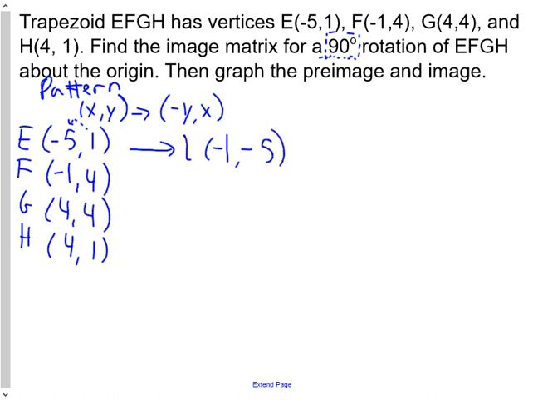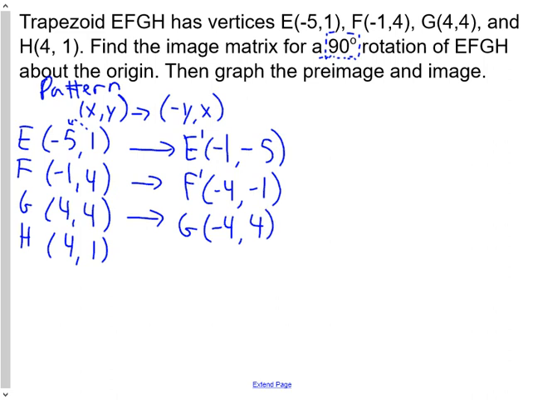And that is going to be my new E value, E prime. 4 is going to flip to the front, flip its sign, -1 is basically filled. Same thing here. The second 4 flips the sign, flips to the front, and the original 4 in the x value flips. And lastly, 1 flips to the back and becomes -1. 4 fills. And again, make sure I prime my image.